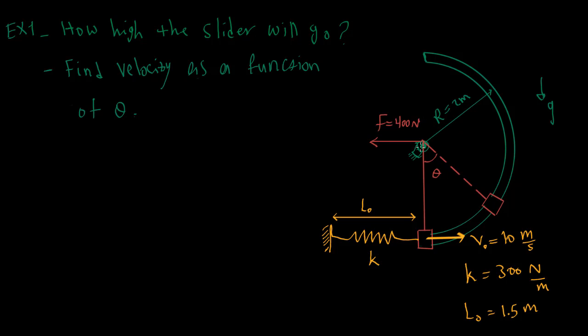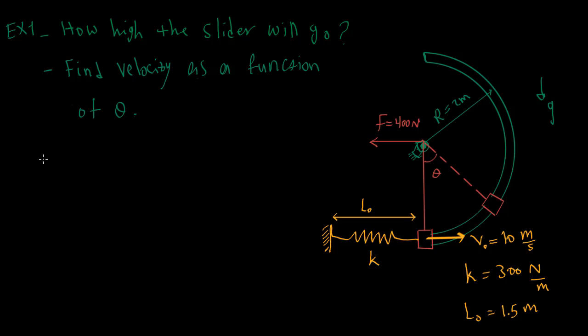But about this 400 Newton force, we don't know if it is conservative or not. So I'm going to just assume that this is non-conservative. Basically, in all the problems that we have, the only conservative forces that we assume are spring forces and gravity. Aside from those two, all the other forces we treat as non-conservative and calculate their work.